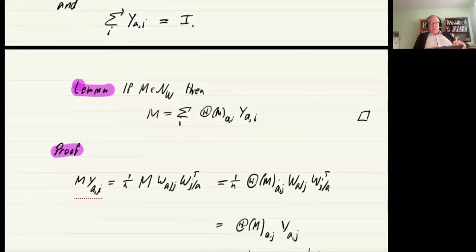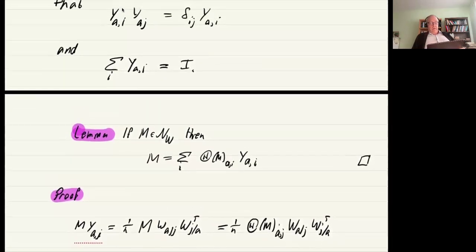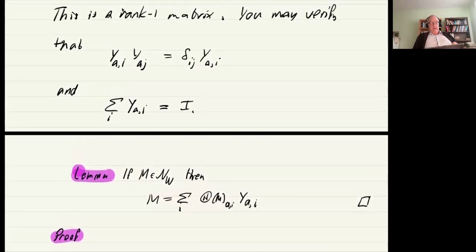And so what we're going to show is that these guys, the guys in a given row, form a basis for the elements of the Nomura algebra. Because despite appearances, this is just a scalar.